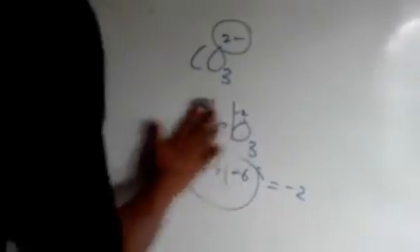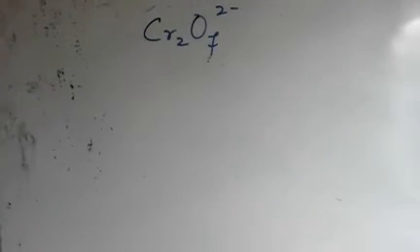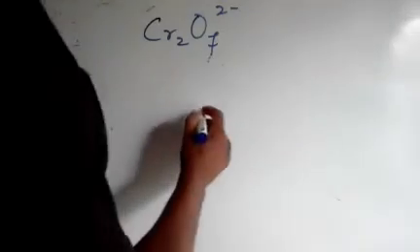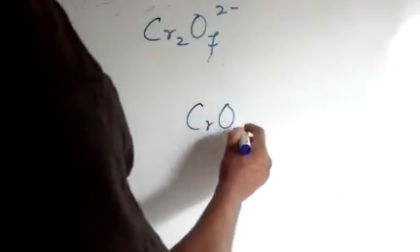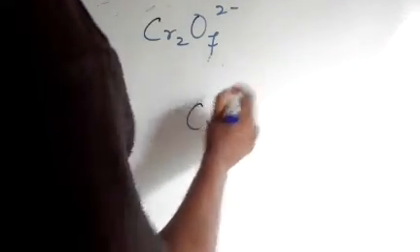So we will take the dichromate ion. This is the dichromate ion, so the oxidation number is minus 2, right? So Cr2O7 has minus 2.